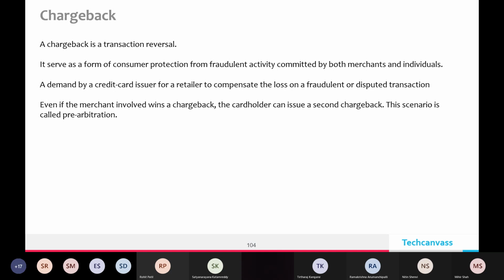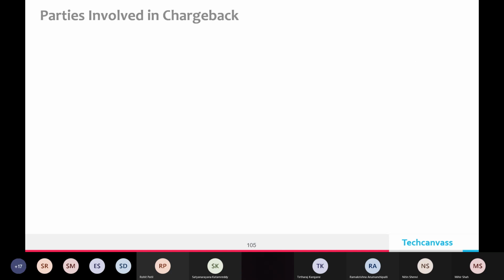So the bank would reverse the credit that was already given to the card issuer account. In that case, the customer can raise one more chargeback, called the second chargeback, also called pre-arbitration. If even pre-arbitration fails, then the next step is arbitration, that is going to the court.